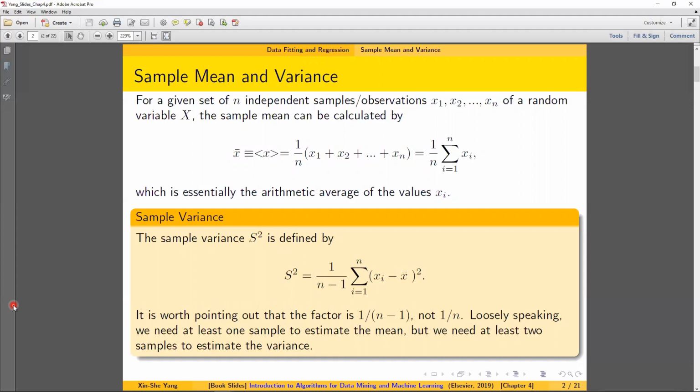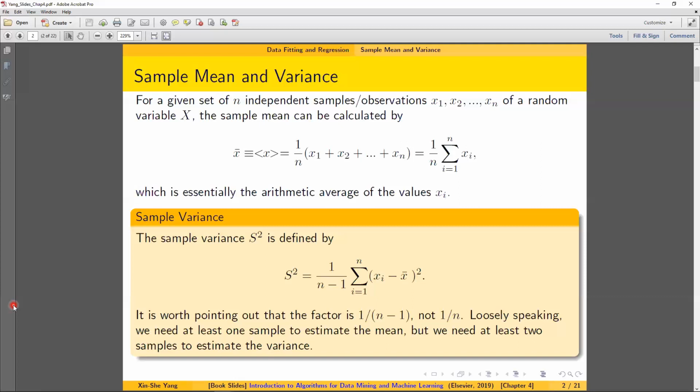And then the sample variance is 1 over n minus 1 times the sum of (xi minus x bar) squared. It's worth pointing out that the factor is 1 over n minus 1, not 1 over n, because we lost 1 degree of freedom when we calculate x bar.